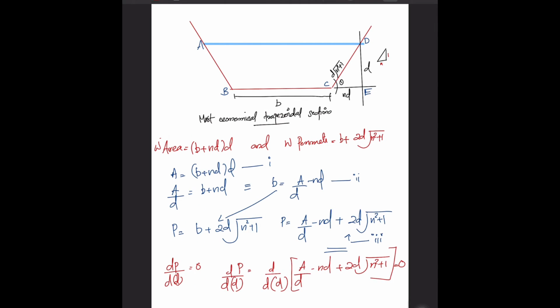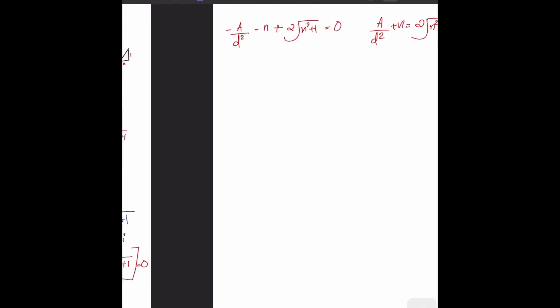Now we know that A is equal to (b plus nd) into d. So let us substitute that over here.